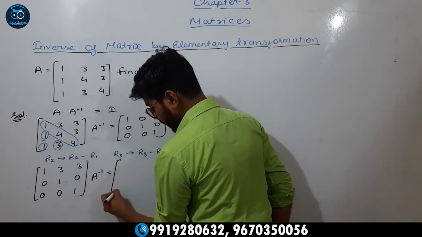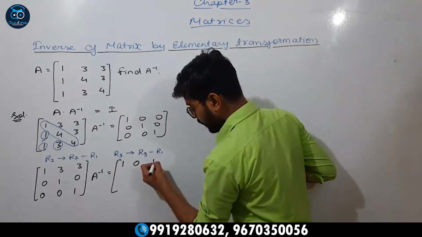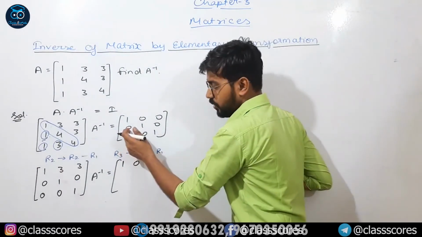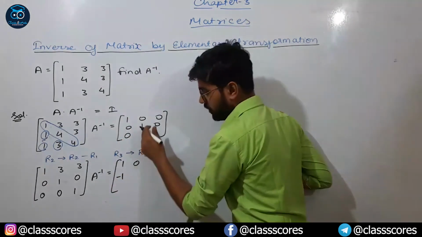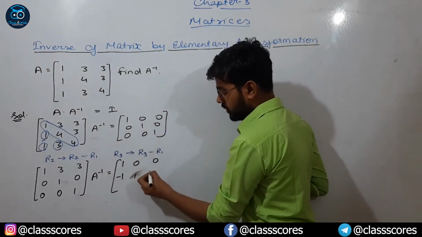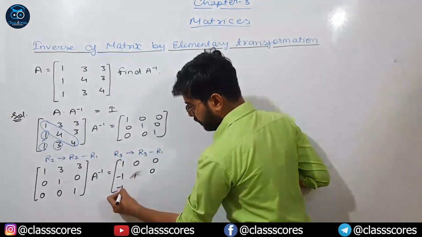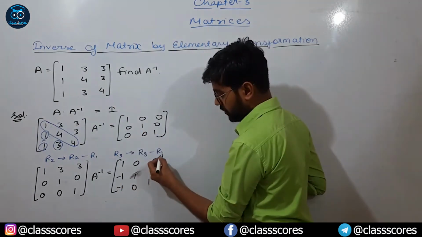And in the same way, the same operation applies here. There is no change in the first row. Now second row minus first. 0 minus 1, minus 1. 1 minus 0, 1. 0 minus 0, 0. 0 minus 1, minus 1. 0 minus 0, 0. 1 minus 0, 1.